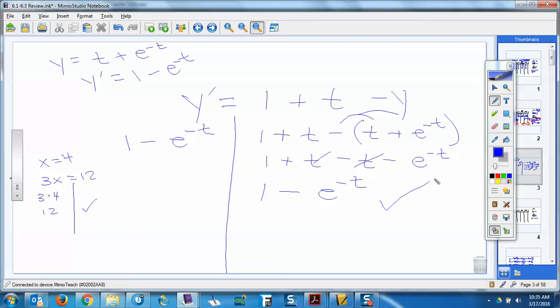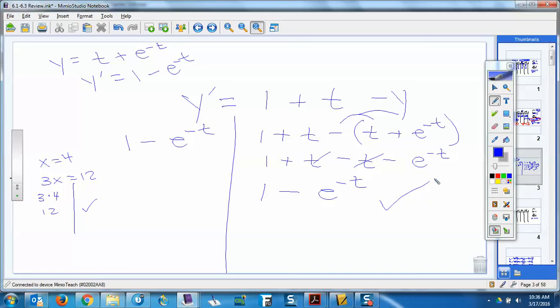So that's what we did back in chapter 2 when we were doing differential equation work, verifying that something's a solution. It's very much like an algebraic equation. Show that 4 is a solution: you plug in a 4. Remember, you always take your proposed solution and plug it into the differential equation. And remember, a solution to a differential equation is the original function.